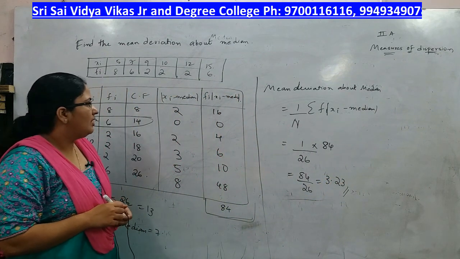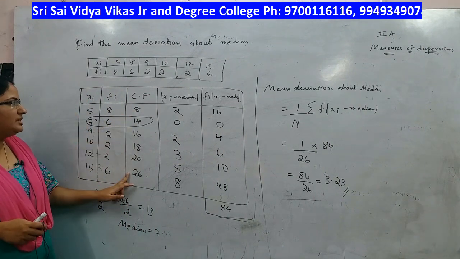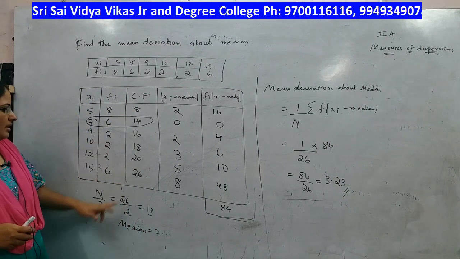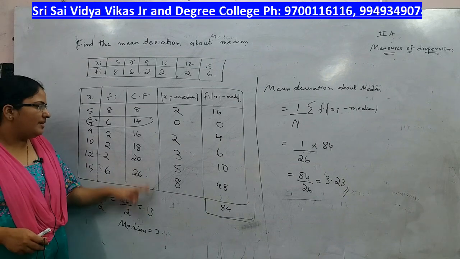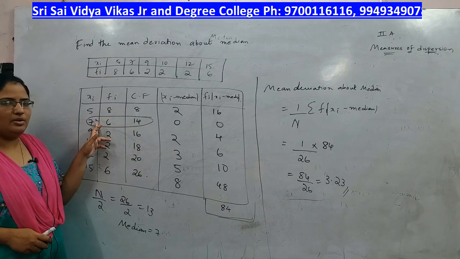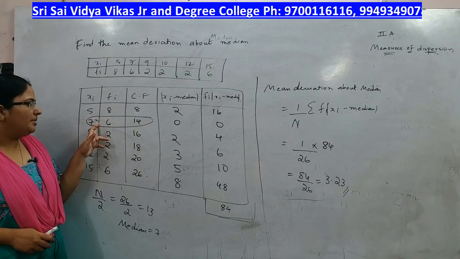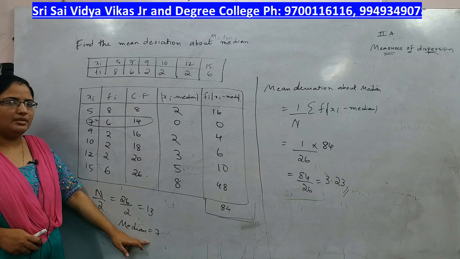So that's first of all what you have to do here. You have to find cumulative frequencies. First find median. How to find median? Find out n by 2, that is 26 by 2, 13. The value just greater than 13 is the median class. Look out for x value in the table. This x value will give you the median. So median is 7.